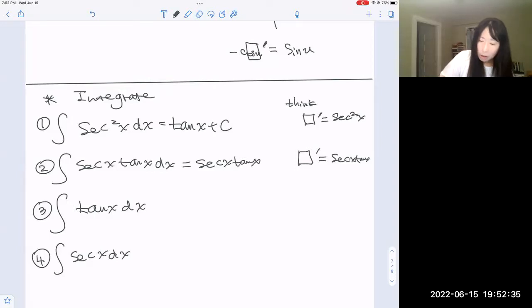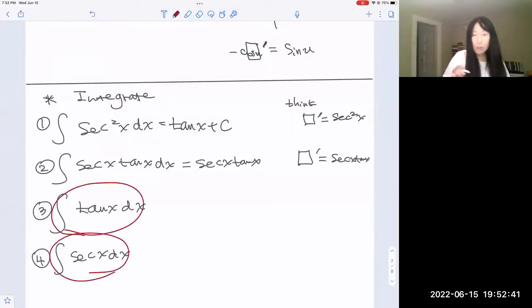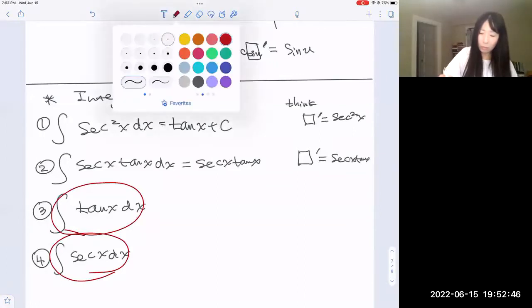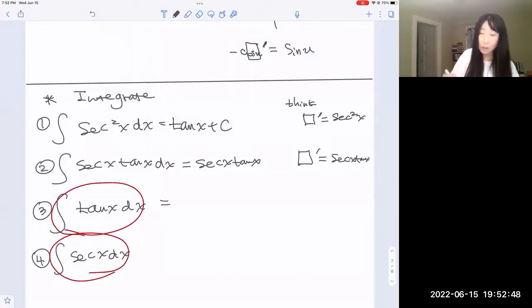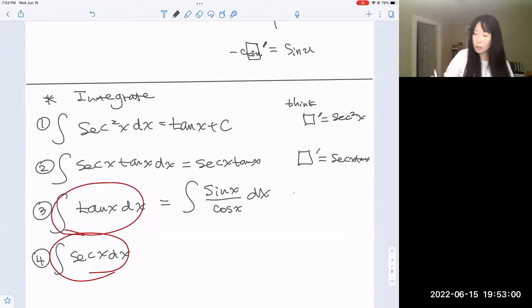So this is a special one, so you might not remember. Is that secant square x? No. This one I can just quickly prove for you. So this is tangent, which is sine x over cosine x dx. Then let u equal cosine x.